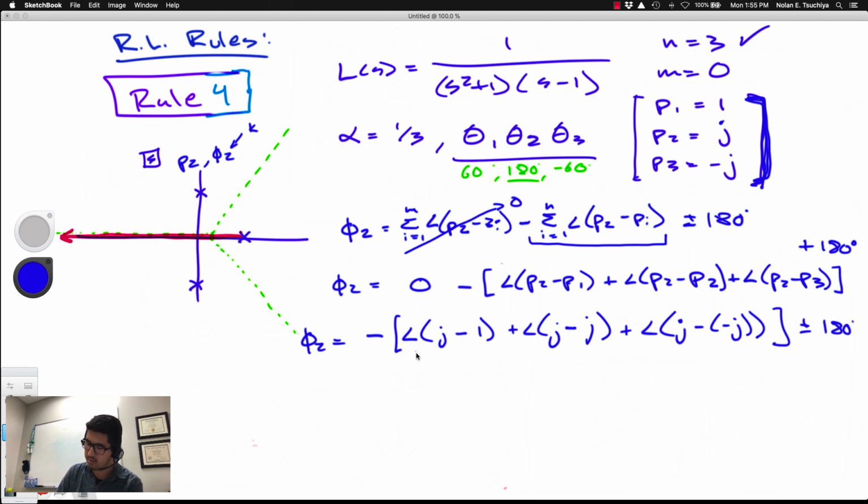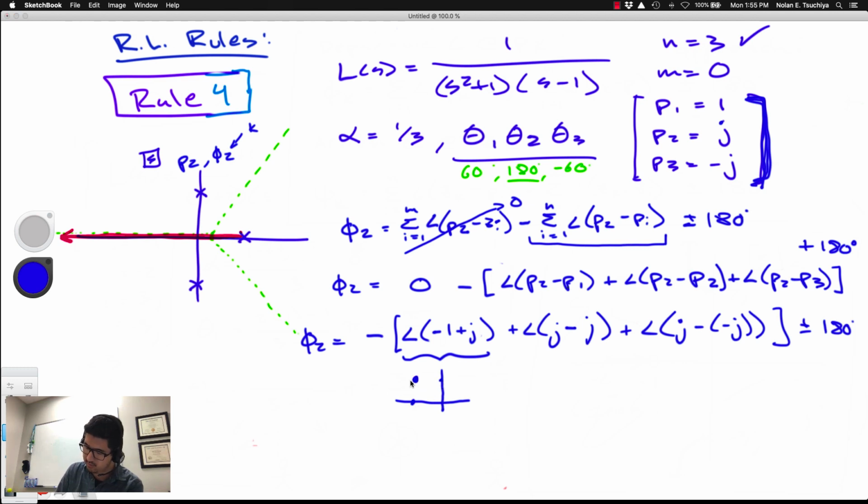And if this is a little bit confusing, for example, what is the angle of j minus 1? What helps me is to rewrite this into standard complex notation. So instead of j minus 1, I'd prefer to write it as negative 1 plus j. What that does is allow you to visualize on the complex plane what that looks like. So negative 1 is here, plus j is here.